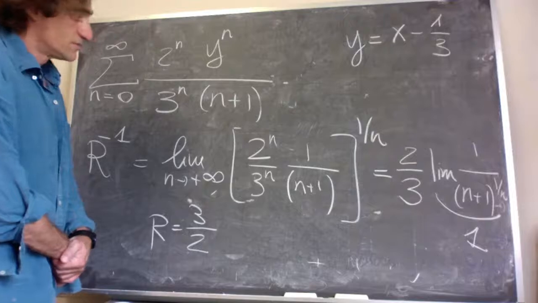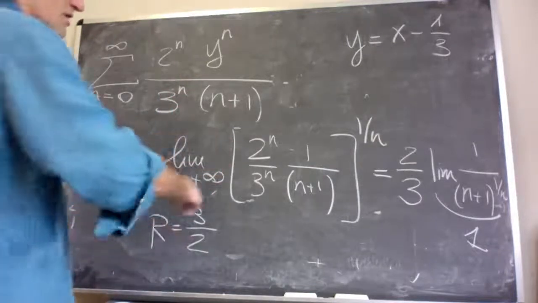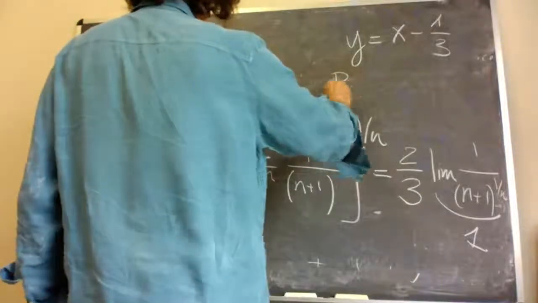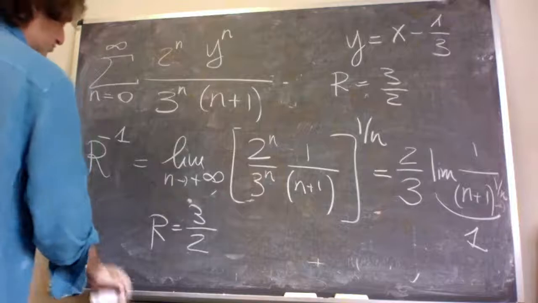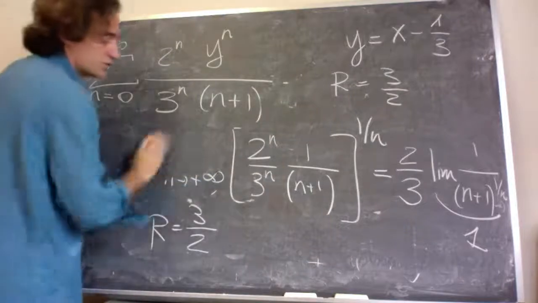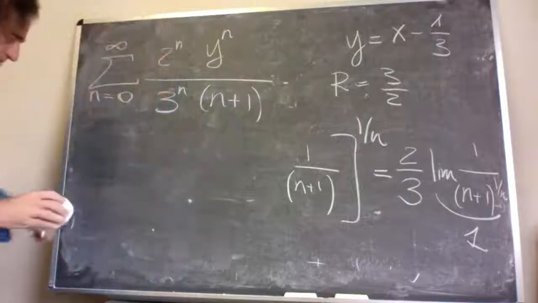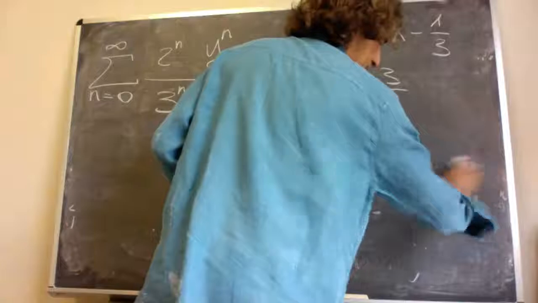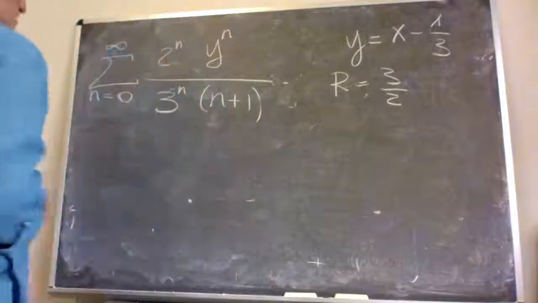And now one goes to see what happens at the extremes. So right here R is 3 over 2. And then we have to study what happens at the extremes of the interval, for instance, in y.